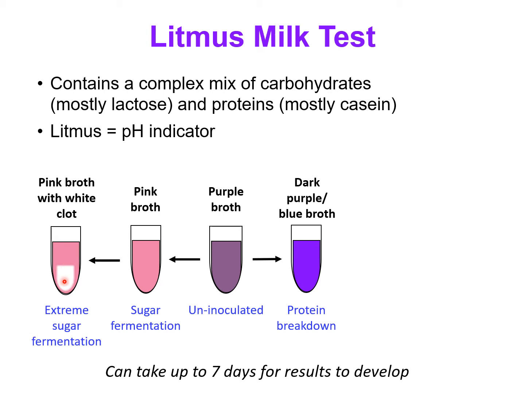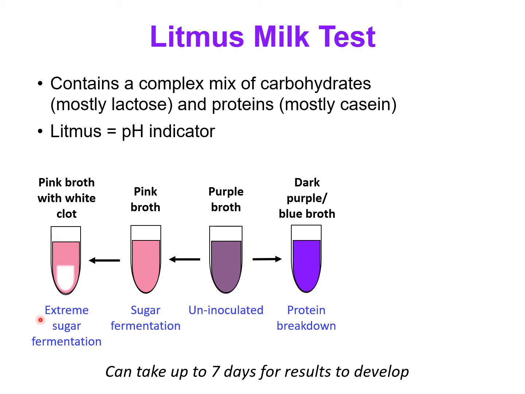Now, if this happens and you get this curd at the bottom of the test tube, what does that mean about our bacteria? It actually means that your bacteria is going through more sugar fermentation, like extreme sugar fermentation. And as I said, with more fermentation, more acid is going to be produced.